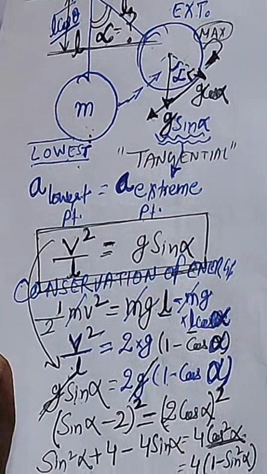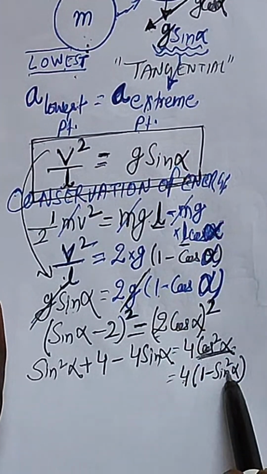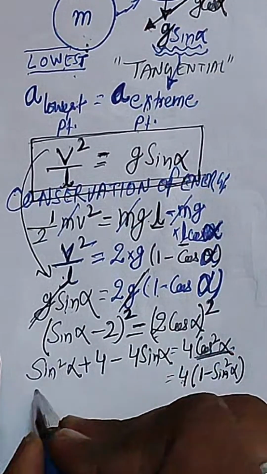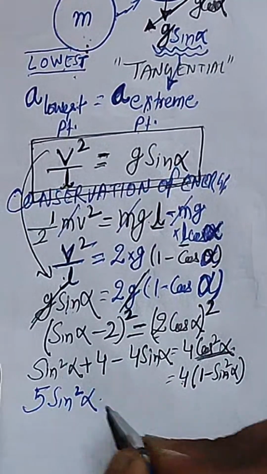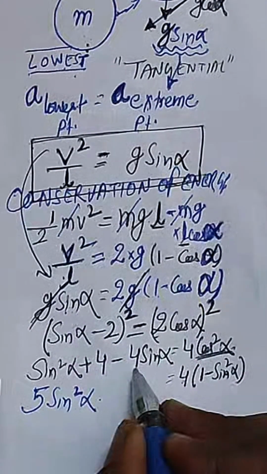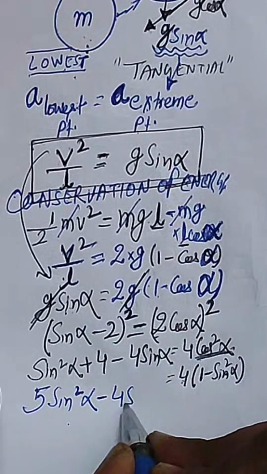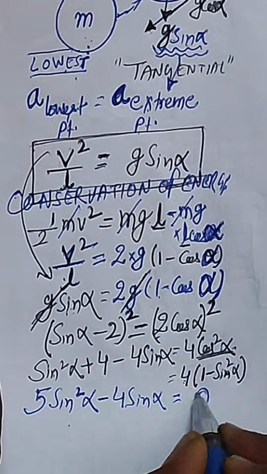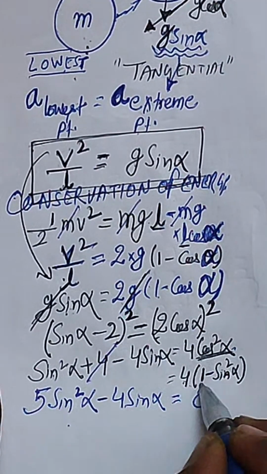So this will give you 4 minus 4 sin square alpha, and the sin square alpha terms become 5 sin square alpha, and again minus 4 sin alpha is already there, which is equal to 0, because the 4 will cancel the 4, right?